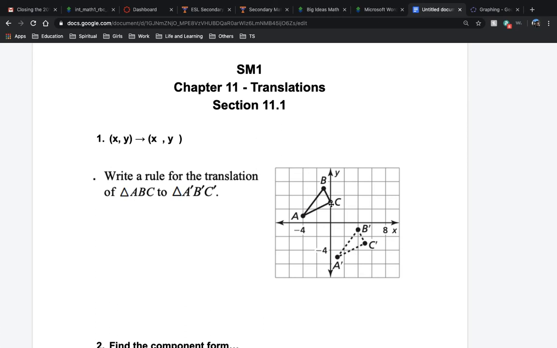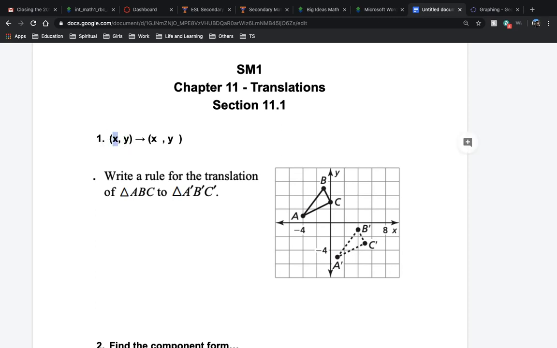So it is started from 0, 3, and then the new location is right here. It means that I moved it 2, 4, 5 spaces to the right, and then I moved it 1 and 2, 3, 4, 5, 6 units down. So if I want to describe what happened with point C, is that its original points were whatever they are, in this case 0, 3.